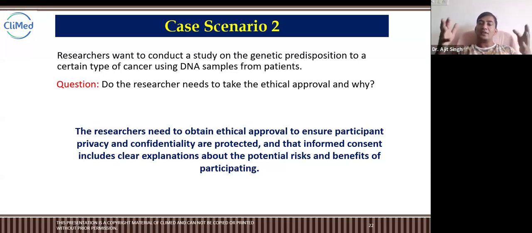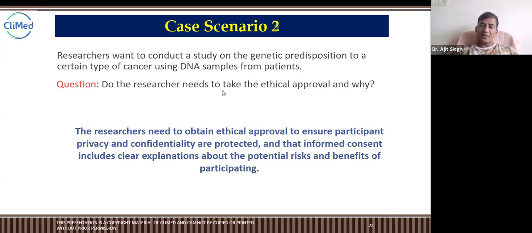These are dealing with live human beings, so they need the ethics approval to maintain privacy and confidentiality. Understand? That is very, very important. It is very much important.